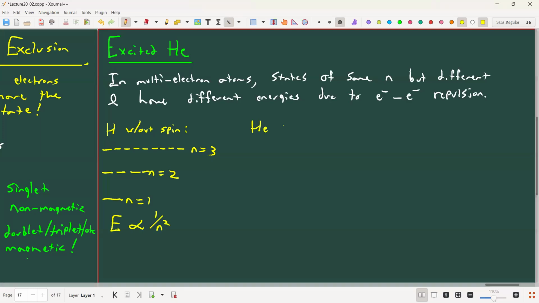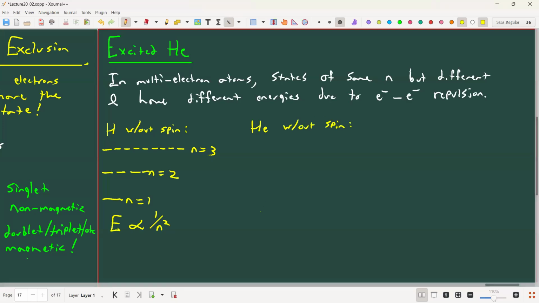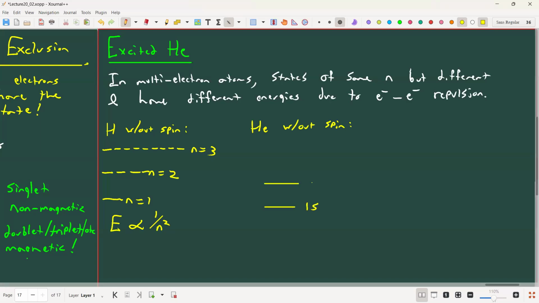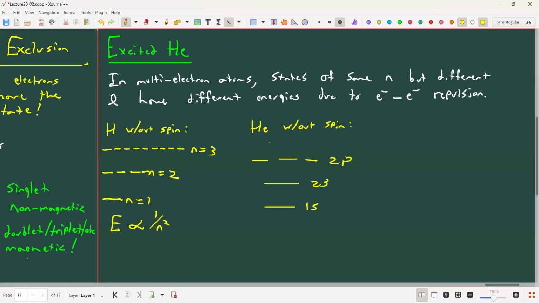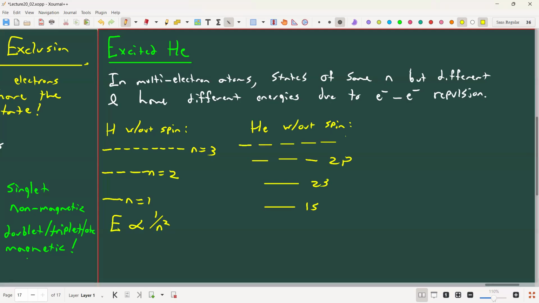But helium without spin, you guys know what you get here, right? You get an energy spectrum that looks like 1s, 2s, and 2p. And then 3s is next, then 3d, and then 3p after that, and so on and so forth. Because of electron repulsion, everything except for hydrogen, you get the classic example where you have the Aufbau principle, where you fill the electrons 1s, 2s, 2p, 3s, and so on.